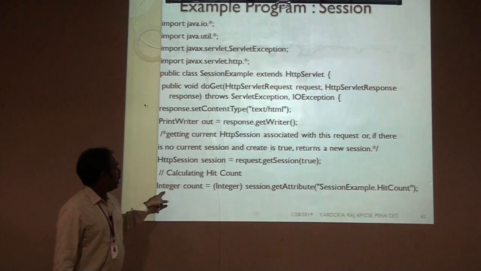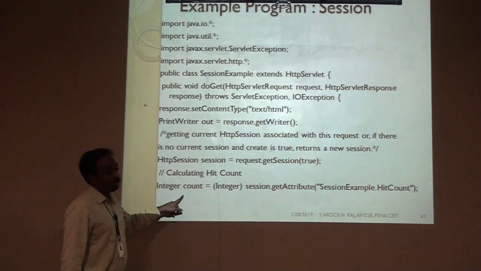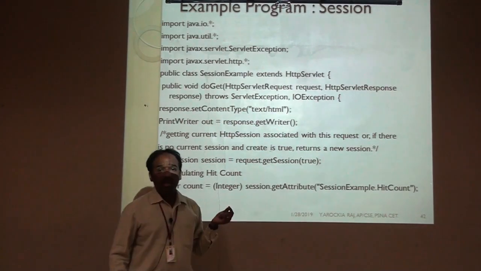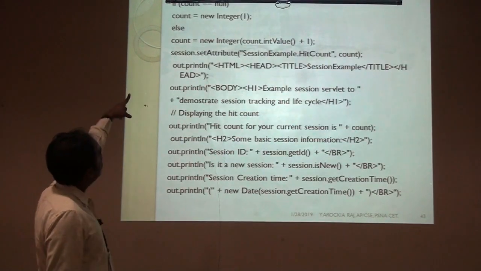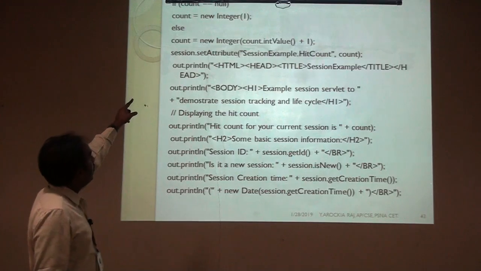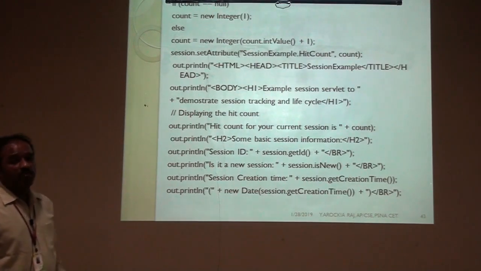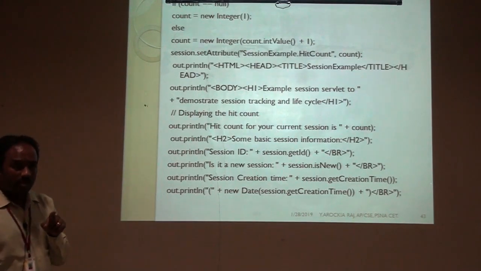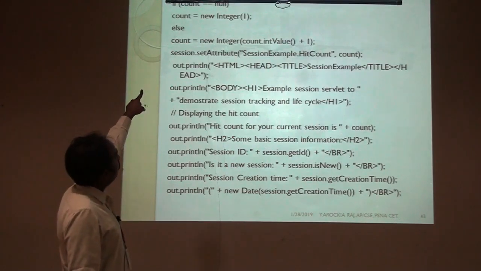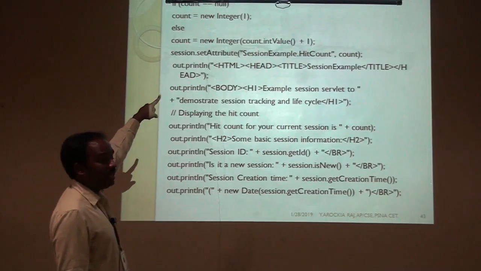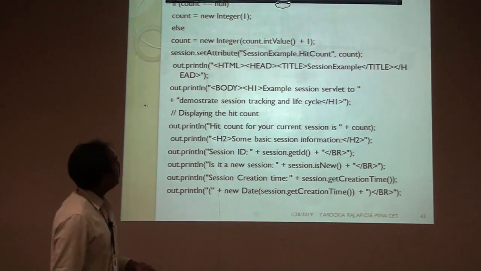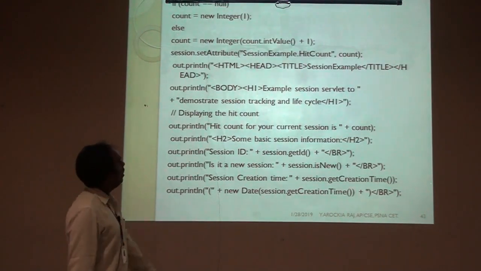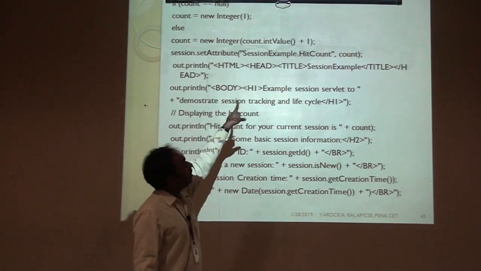The Integer count is a variable, an object, which is used to keep the hit count of a particular thing. Count equal to null means it is the very first time I am accessing the particular session, so the if block will be executed and the count will be created as 1. The second time I access the page, the else part will be executed, where I just increment the count.